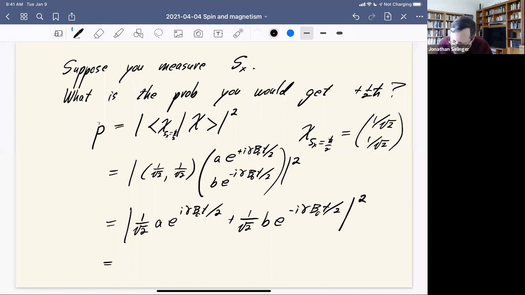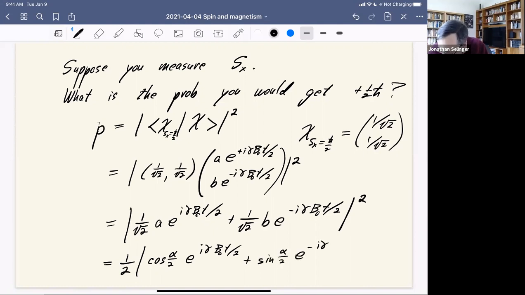Okay, so let's see. If I factor out those root 2's, there's an overall factor of 1/2. And so then it is cosine alpha over 2, that's a, e to the I gamma B naught t over 2, plus sine alpha over 2, e to the negative I gamma B naught t over 2. Magnitude squared.